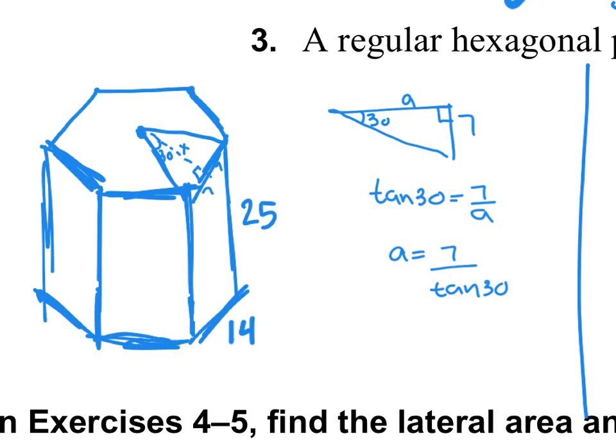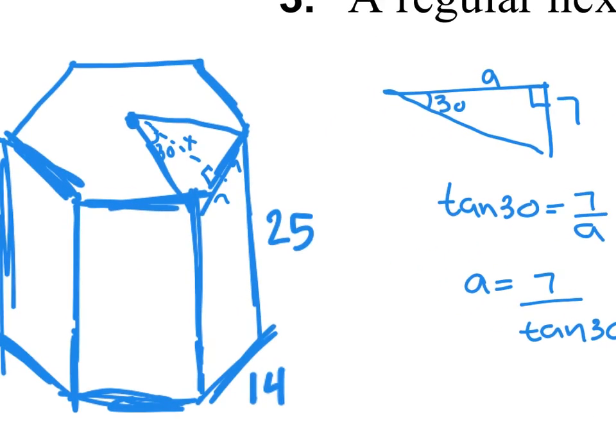Now, if I draw my apothem here, I know that my apothem is both an angle bisector of my central angle, and also a perpendicular bisector of the opposite side. Because of this, I know that this is going to be 30, and this is going to be 30, right? And then this is going to be 7, and this is going to be 7, since the whole thing is 14.